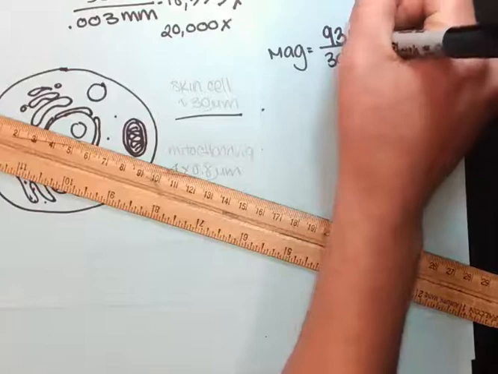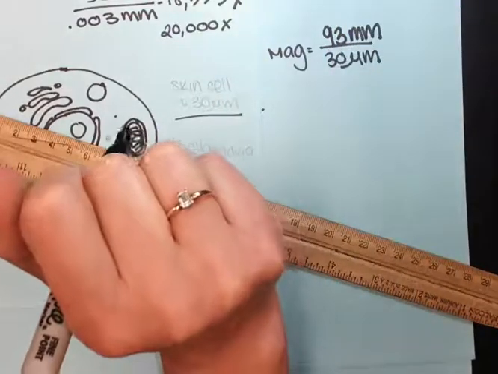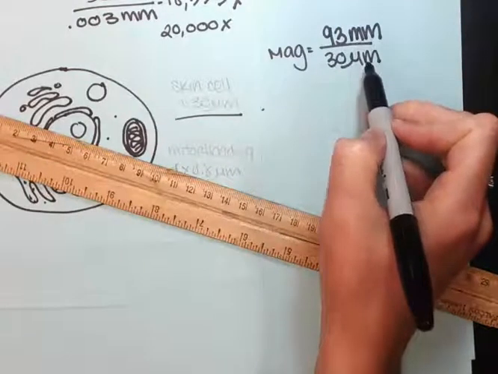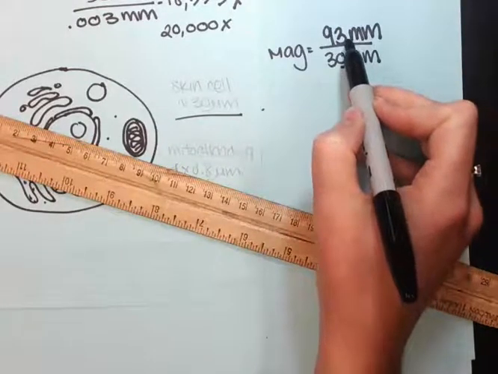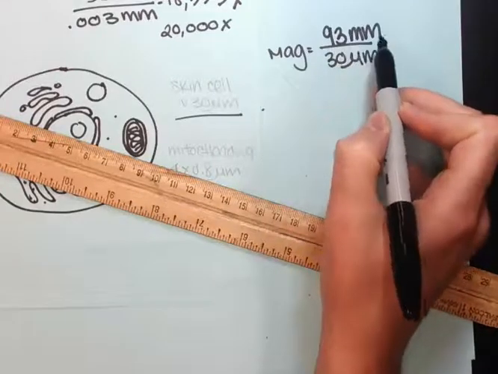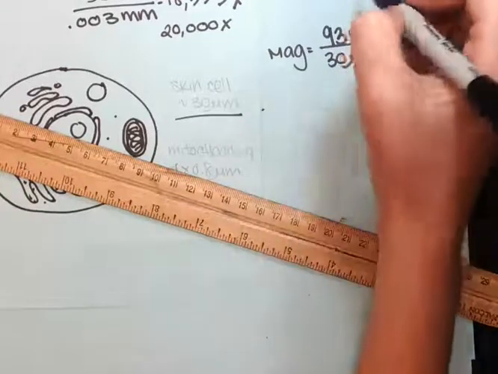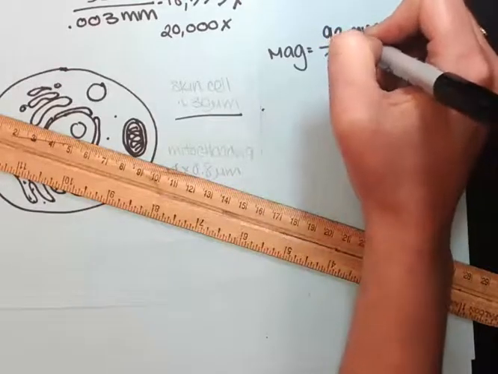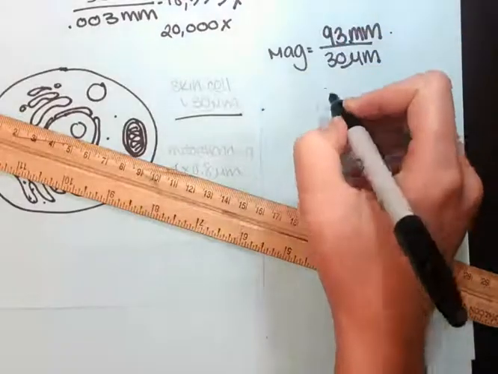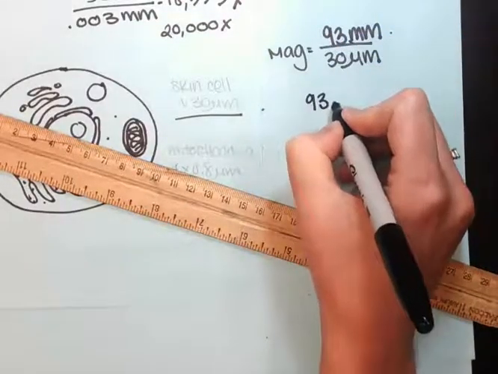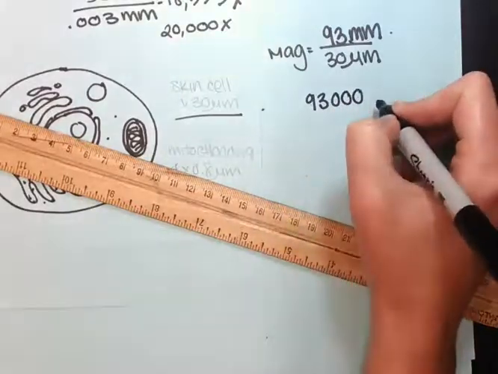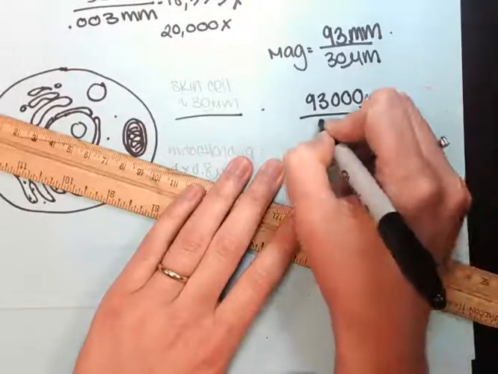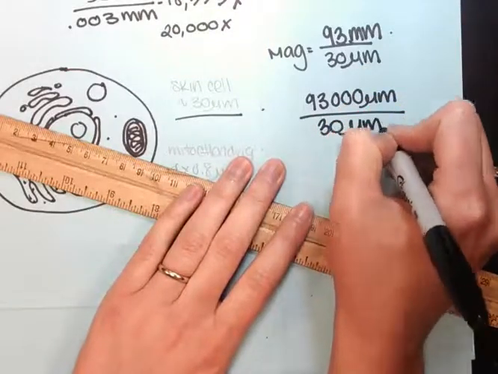So let's convert the millimeters to micrometers this time. So millimeters to micrometers, I'm going from a larger to a smaller unit, so I should make my number bigger to kind of balance that. So there's 1,000 micrometers in a millimeter, so I'm going to move the decimal 3 places, 1, 2, 3, so that would be 93,000 micrometers divided by 30 micrometers.